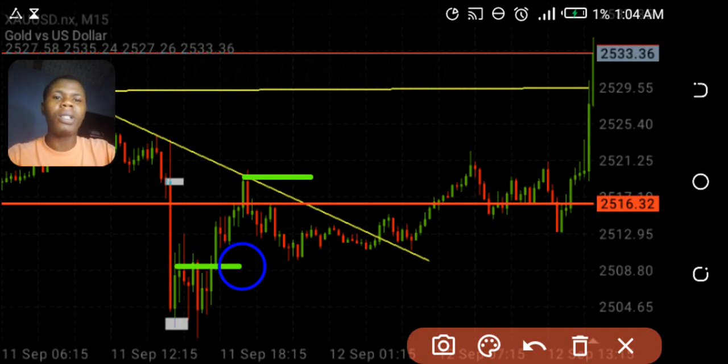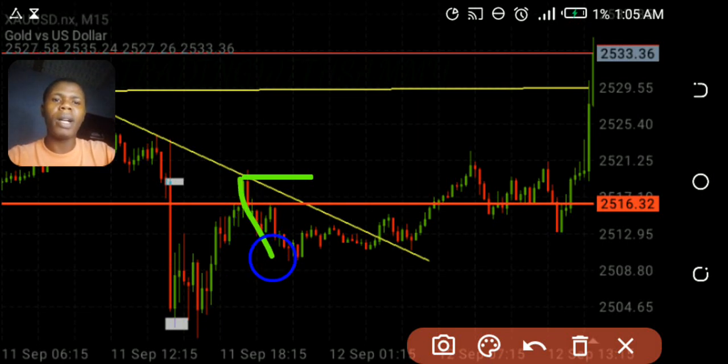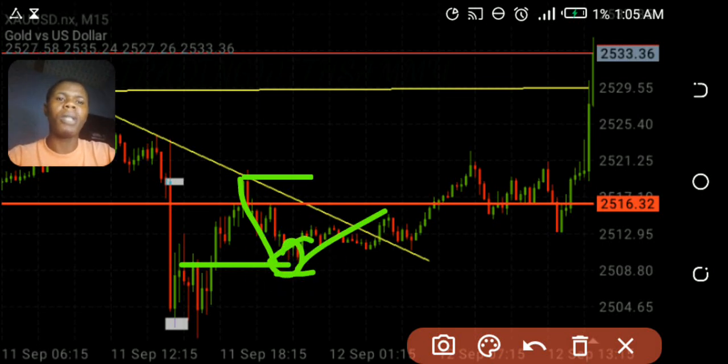This was the last low, this is the high. So in between this range, whatever price comes to do, that's what I'm going to be doing. So what did we see price do? Price pulled back to this last order block here, giving us an entry to the upside.